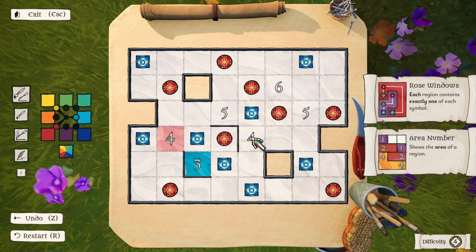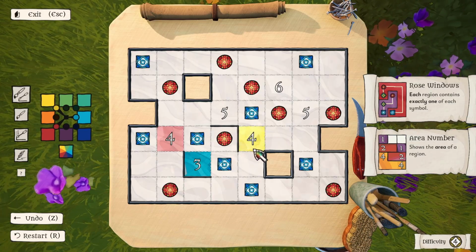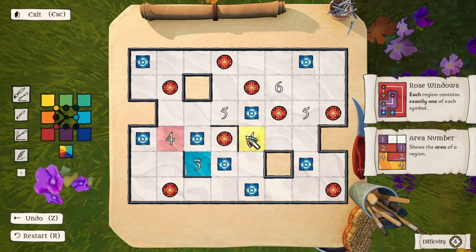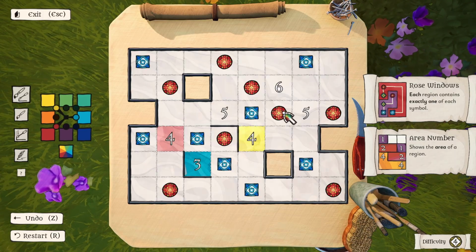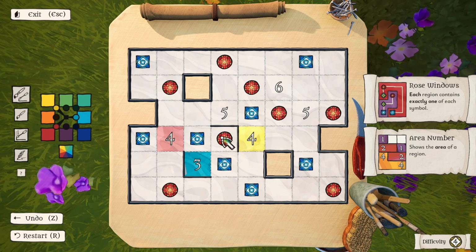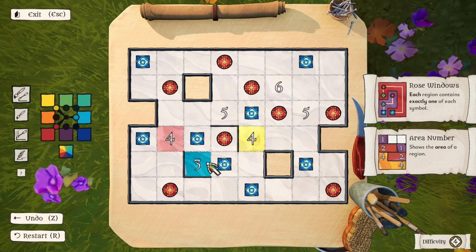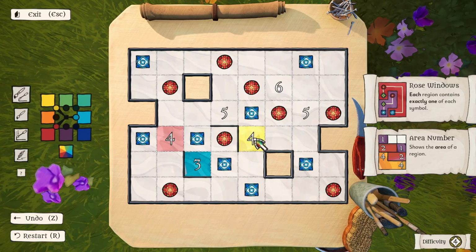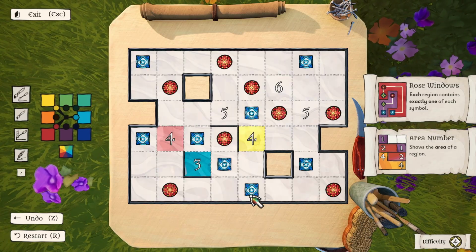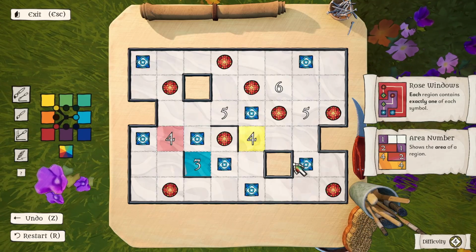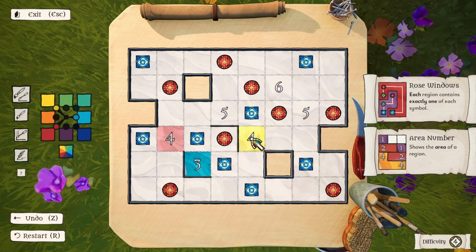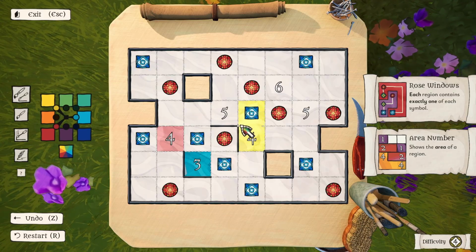If this 4 were to take that or that, it could not reach a circle, except that circle, which it's not allowed to take because the 3 has to take it. Therefore, this 4 does not take that or that. If it took that, it also couldn't reach any circle. Therefore, the 4 must take that.